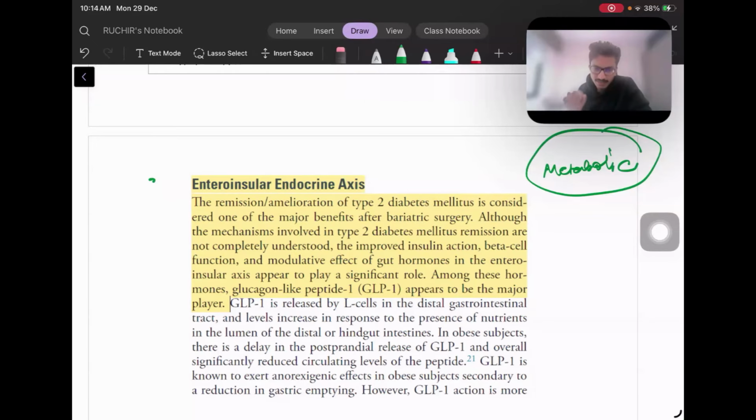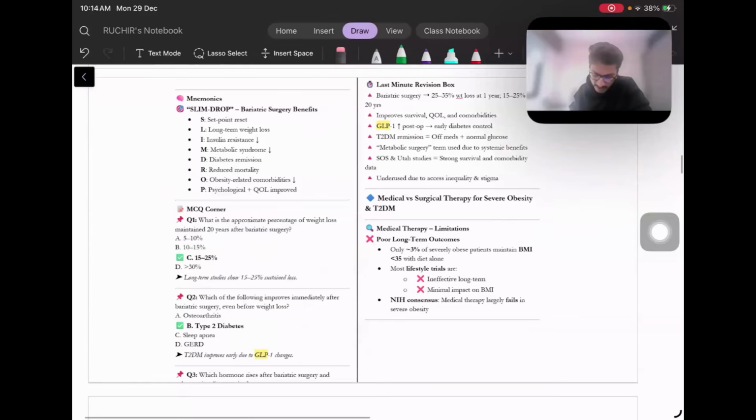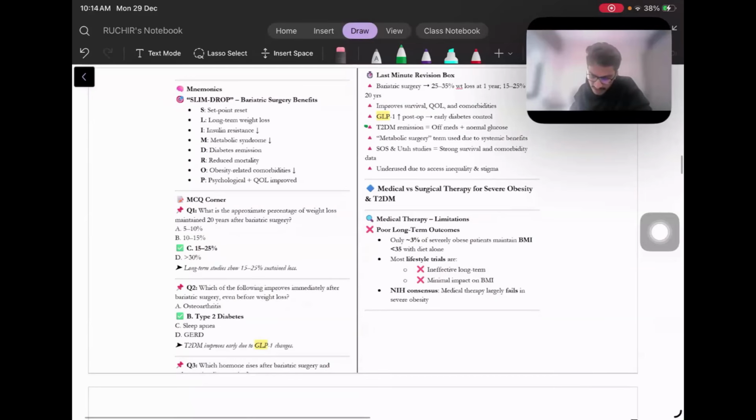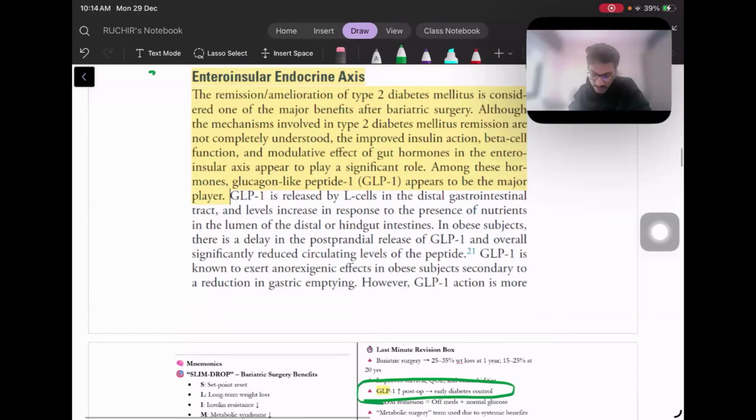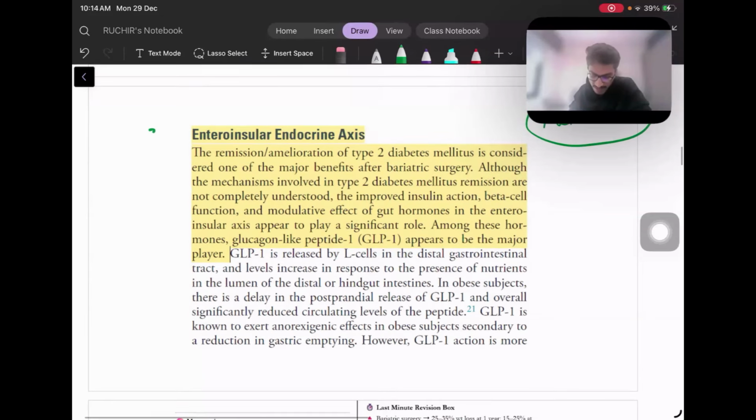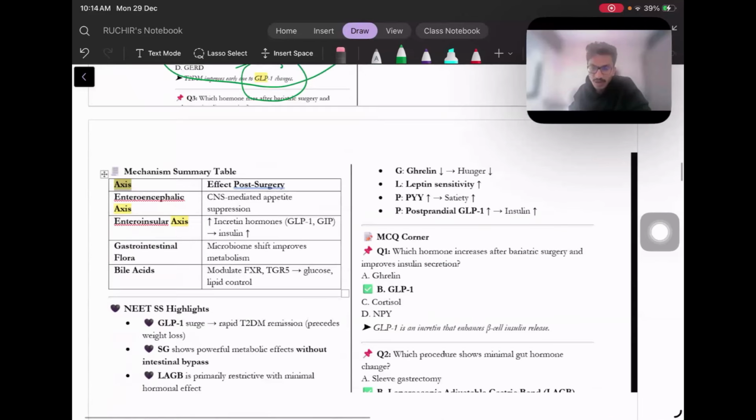It is GLP-1, which is very important for the remission of diabetes mellitus, and this is required post-op for early diabetes control. We have also very clearly mentioned in our notes which of the following improves, related to the GLP-1 changes, that is type 2 diabetes mellitus. So here the answer is GLP-1. I think no doubts in this.